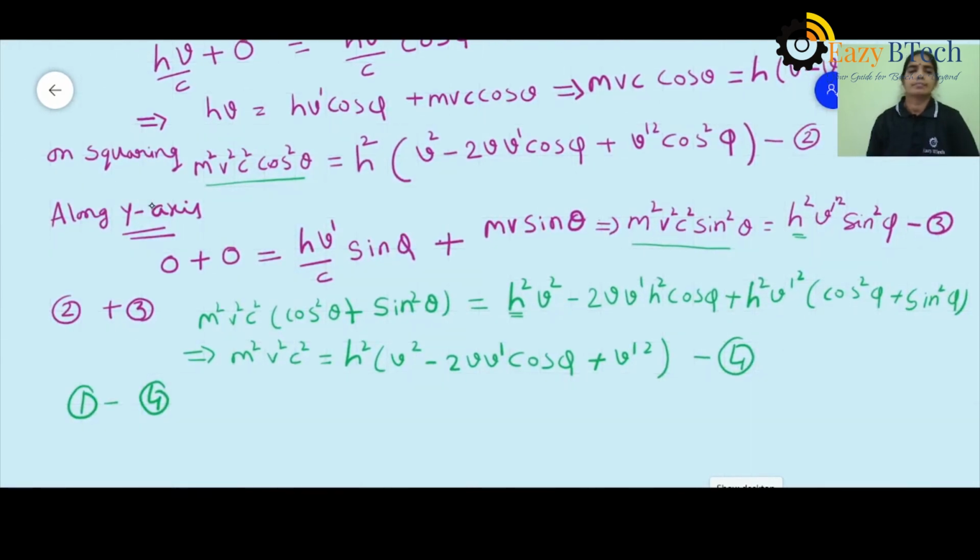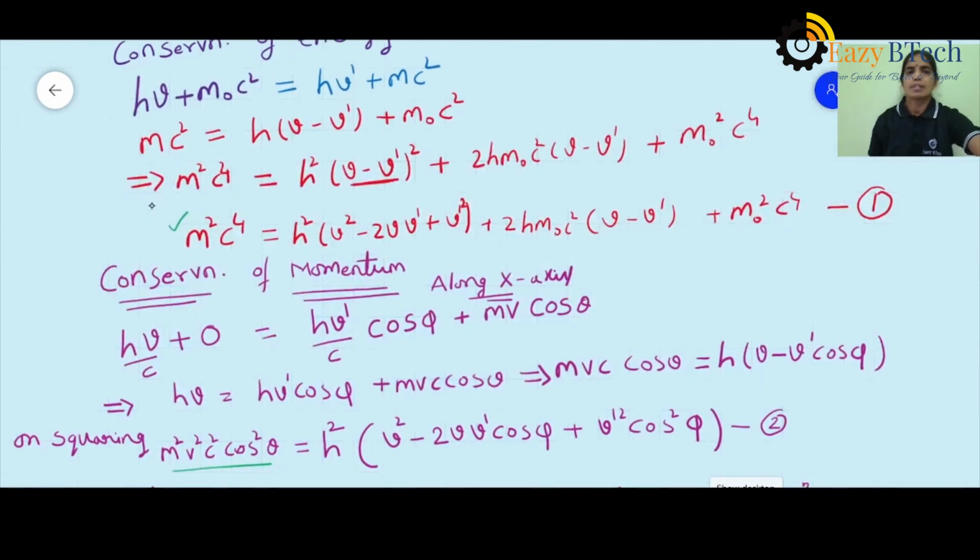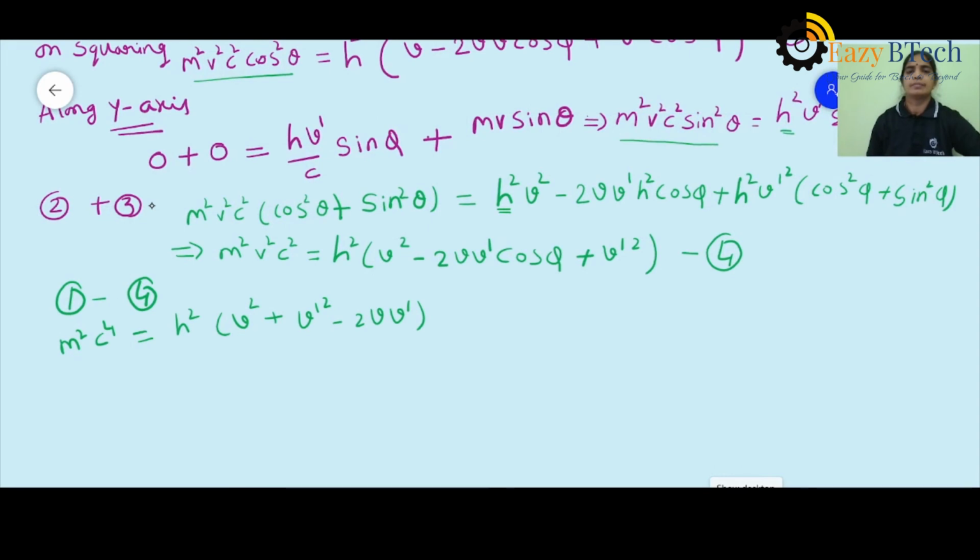I have the same equation taken here, m square c power 4, and it is represented as h square into mu square plus mu prime square minus 2 mu prime plus m naught square c power 4, followed by 2h into mu minus mu prime into m naught c square. This is equation 1.